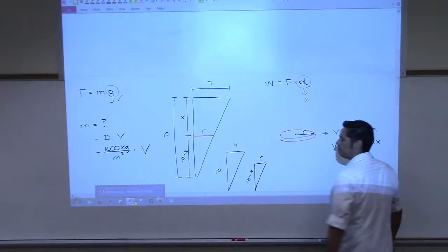So we replace the a with gravity. If the acceleration is gravity, then a becomes g, and on Earth that is 9.8 meters per second squared.